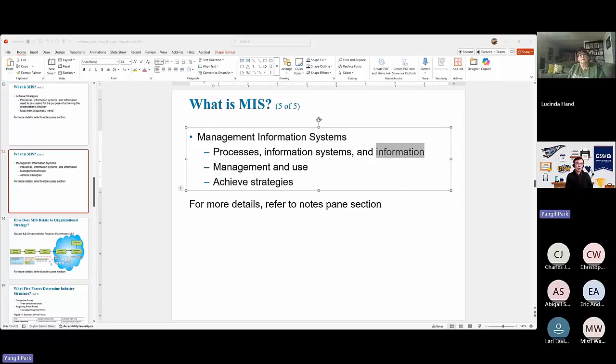So combination of those key elements like people, hardware, software, data, of course including database, and telecommunication. I think some people call it network, but telecommunication are important elements.